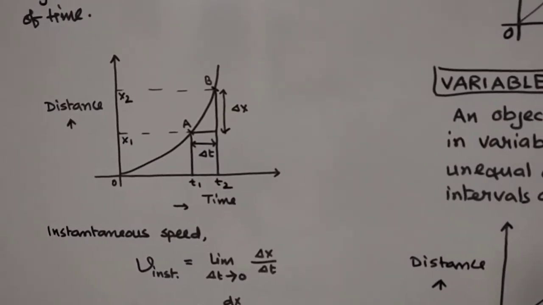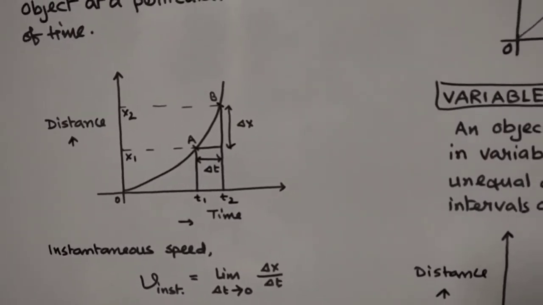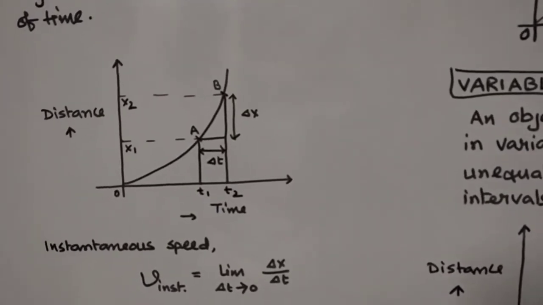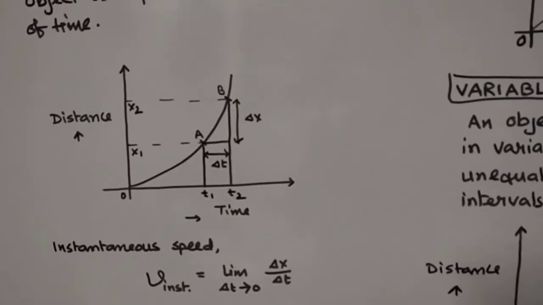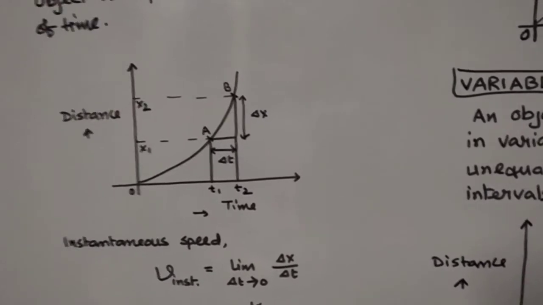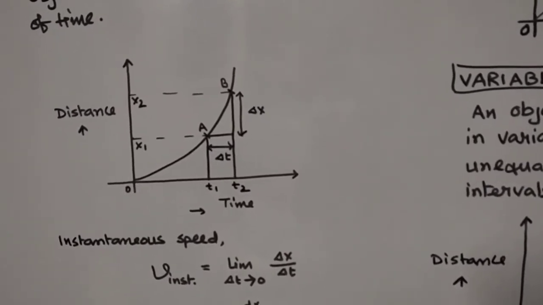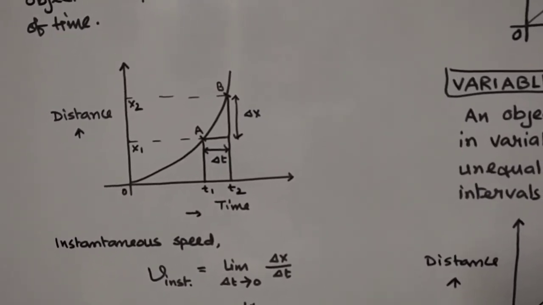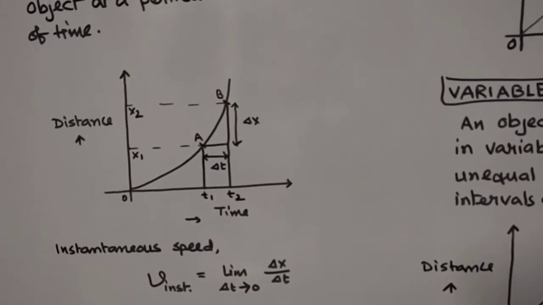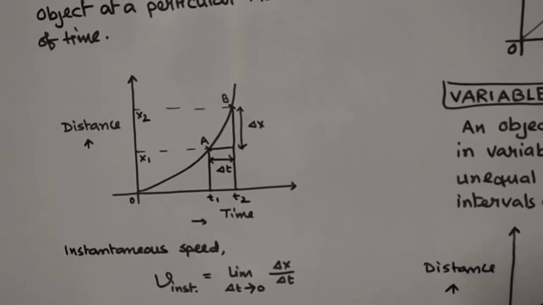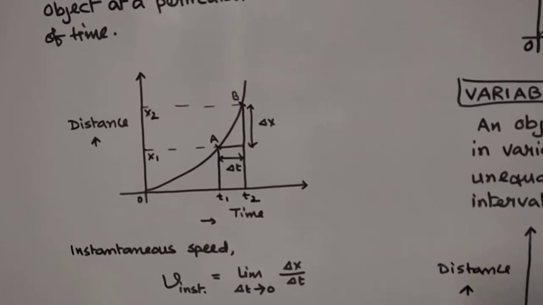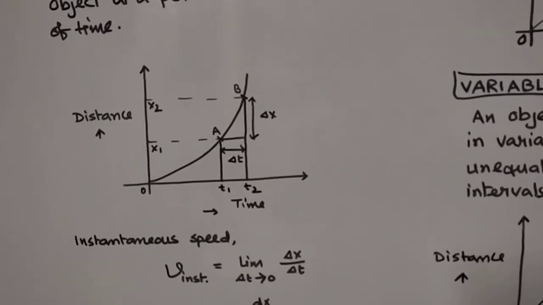And if t1 equals t2, then definitely x1 equals x2, no? But if we consider delta t tends to 0, then delta t tends to 0 means it is a particular instant. But under that case, x1 is not equal to x2, because delta t is not equal to 0, rather delta t tends to 0.